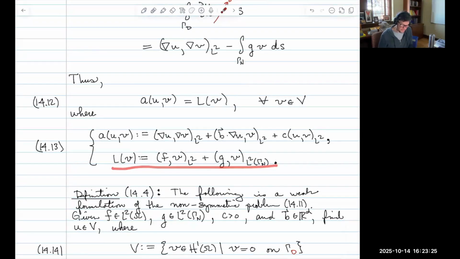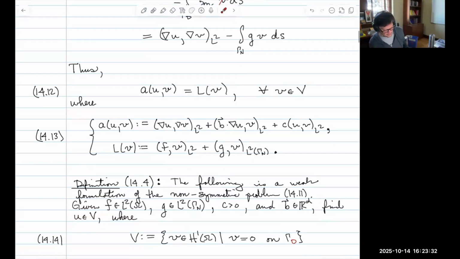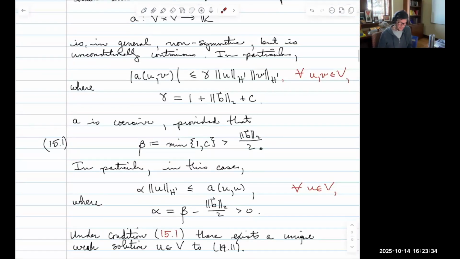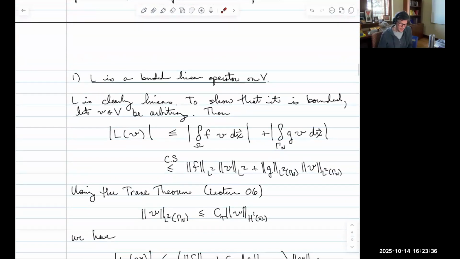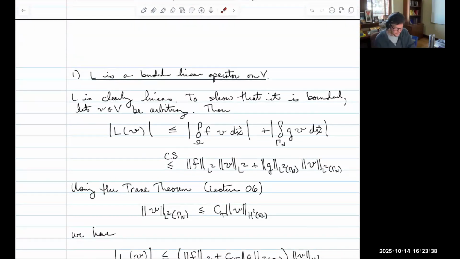There are two terms in L of V that I need to analyze. One is very straightforward and simple, and one is a little bit trickier. So let's use the triangle inequality, which says that the absolute value of L of V is less than or equal to the absolute value of the first term plus the absolute value of the second term.